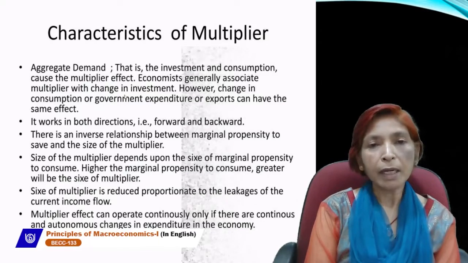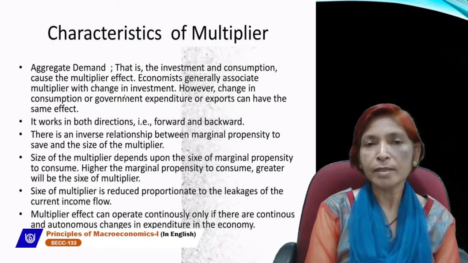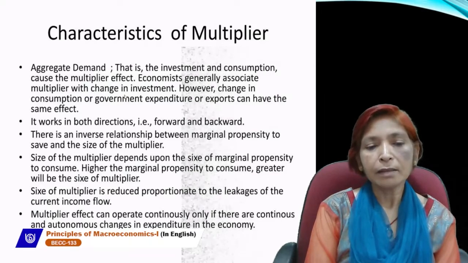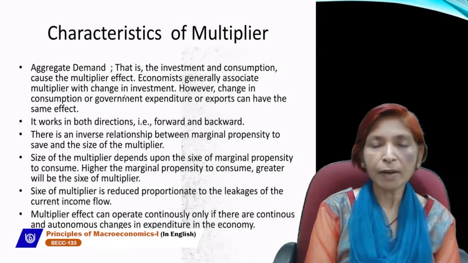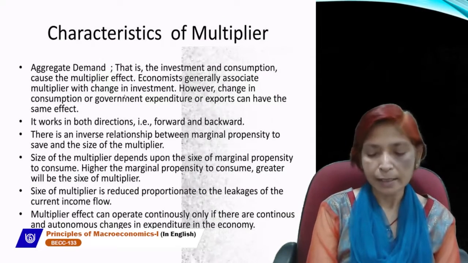But multiplier is inversely related with marginal propensity to save. If MPS increases, then multiplier will fall. And if MPS falls, then multiplier will rise.